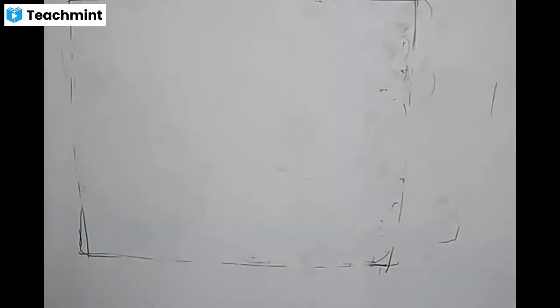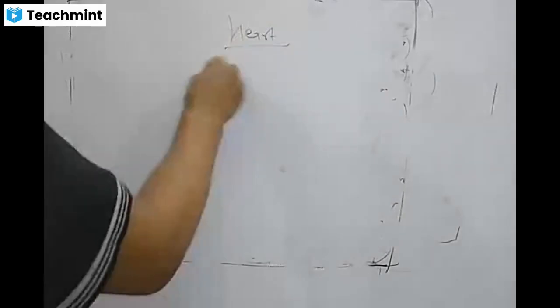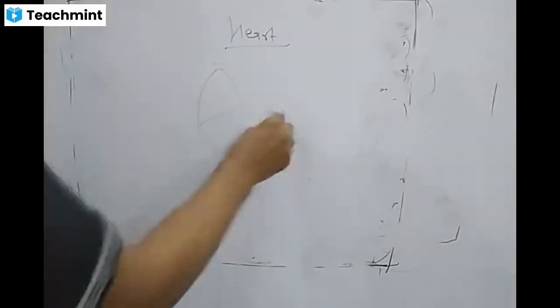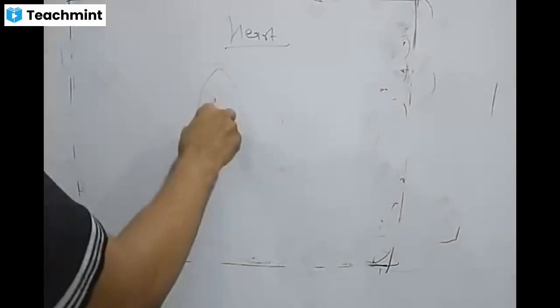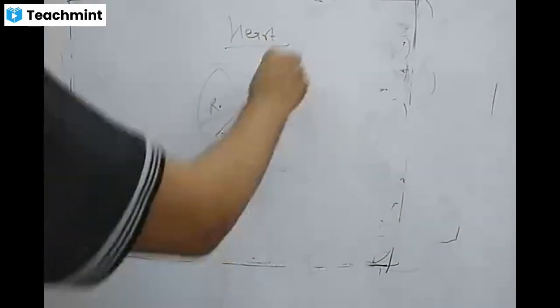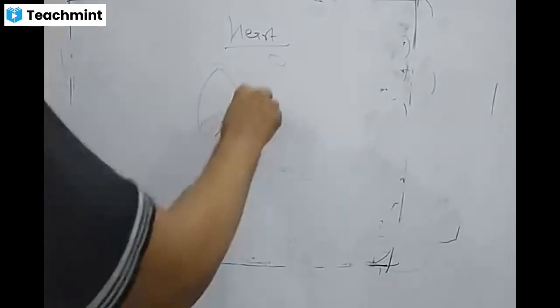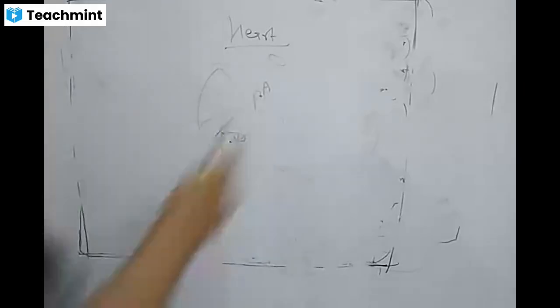Then the heartworm of dog. With the heartworm, what is important? So this location is important. Your right ventricle, and from right ventricle, what comes out is the pulmonary artery.